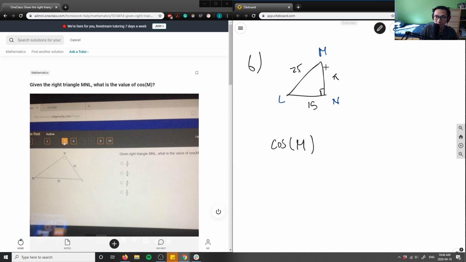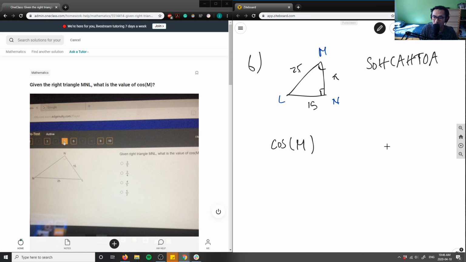So I'm looking at this angle specifically, and I'm using SOHCAHTOA. This is a mnemonic that I use for trig. Sine is opposite over hypotenuse, cosine is adjacent over hypotenuse, tangent is opposite over adjacent.